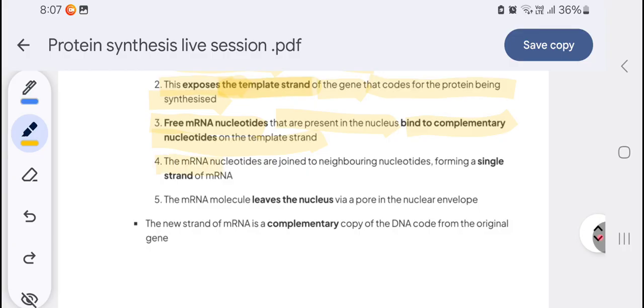The messenger RNA nucleotides are joined together, forming a single-stranded messenger RNA. Then this copy of the messenger RNA molecule leaves the nucleus through the pore in the nuclear envelope. You must know that the new strand of messenger RNA is a complementary copy of the DNA code from the original gene.